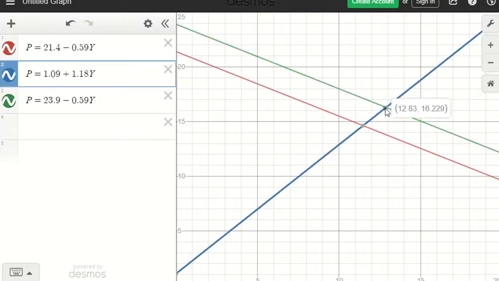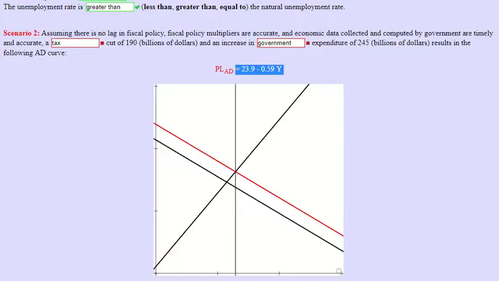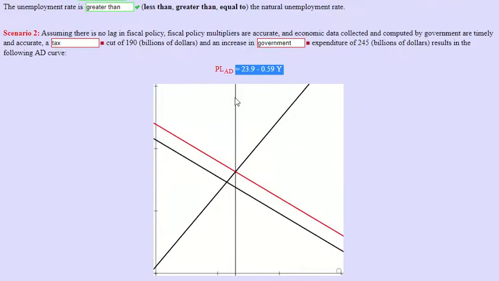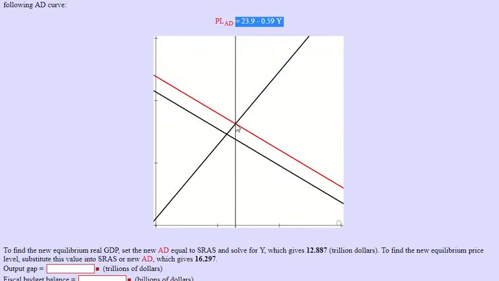And we can see right here that the price level is now 16.297 and GDP is 12.887, which is equal to potential. So you go up here, potential is 12.887, right? GDP and potential GDP are equal right there. And the price level is 16.297.